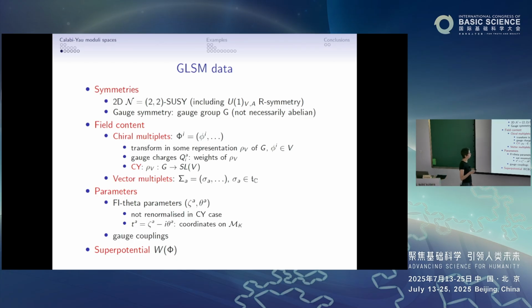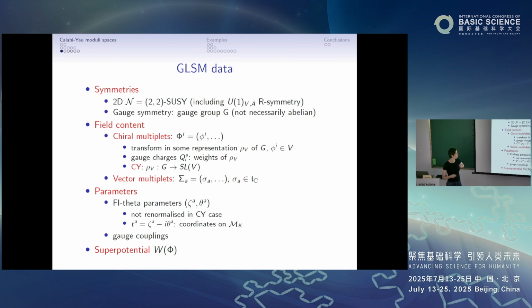The matter sector contains scalars that live in some complex vector space, and they transform in some matter representation of the gauge group, and the gauge charges are just the weights of this matter representation. What makes a GLSM Calabi-Yau is an anomaly cancellation condition for the axial anomaly that restricts the allowed weights of the representation.